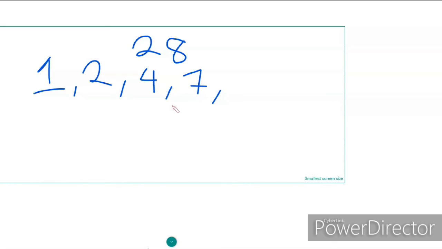We have 14, and we have 28. These are the factors of 28 because they will divide into 28 outrightly without any remainder.